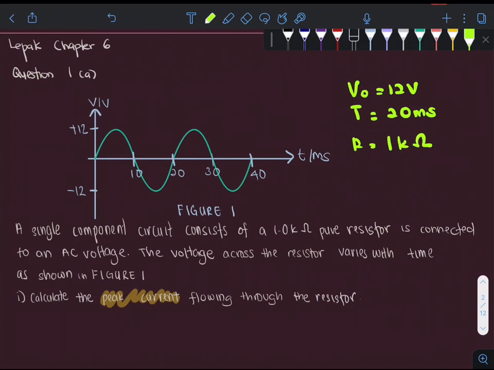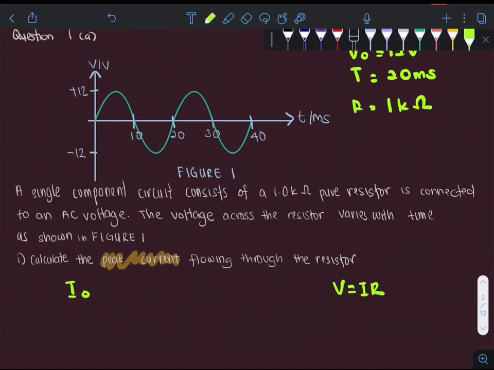We need to find the peak current I0, and as you can see, we have Ohm's law, which relates V, I and R. We are looking for I0, whereas V0 and R are given. We rearrange Ohm's law to get I0 equals V0 over R, where V0 is 12 volt based on the graph, and the resistance is 1 kilo, 10 to the power 3.